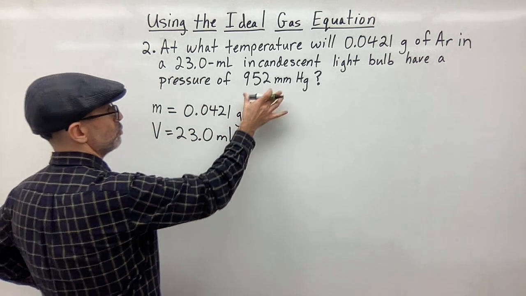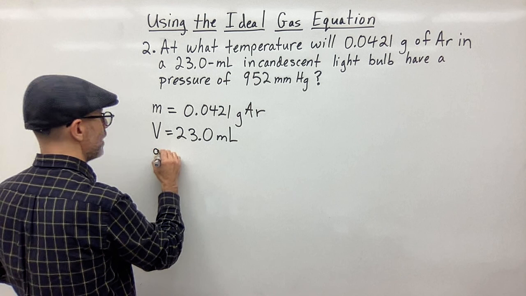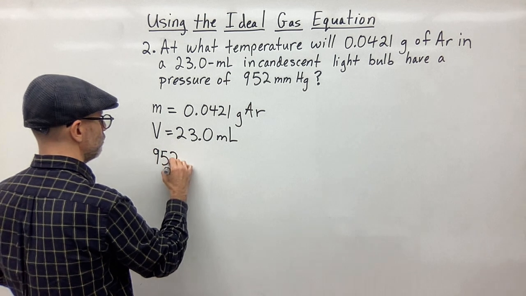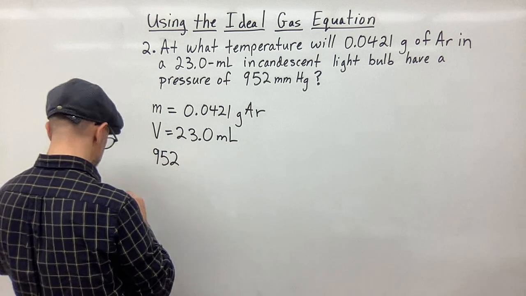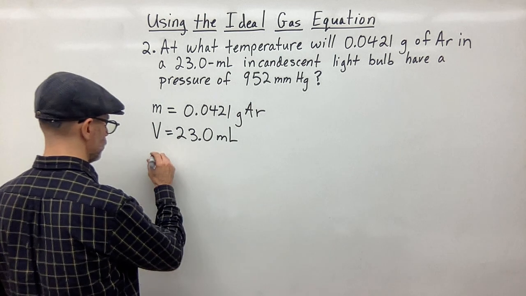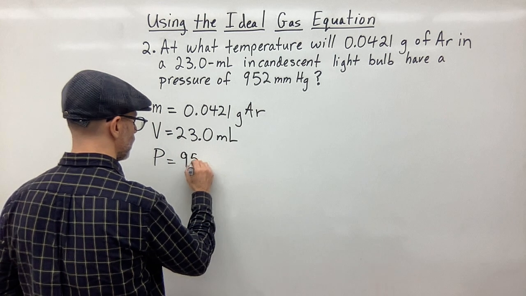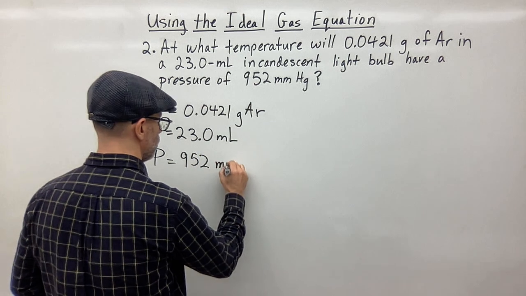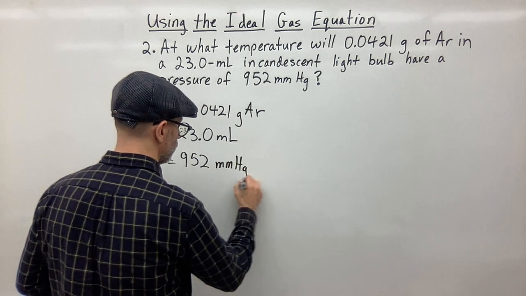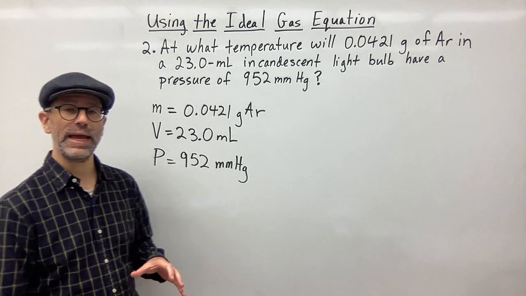And they're giving us the pressure. Oops, I should write the letter down. So P for pressure. Pressure is equal to 952 millimeters of mercury.